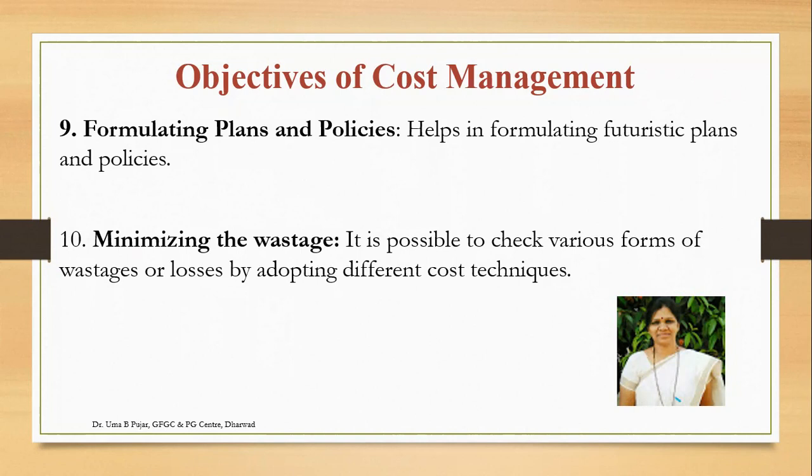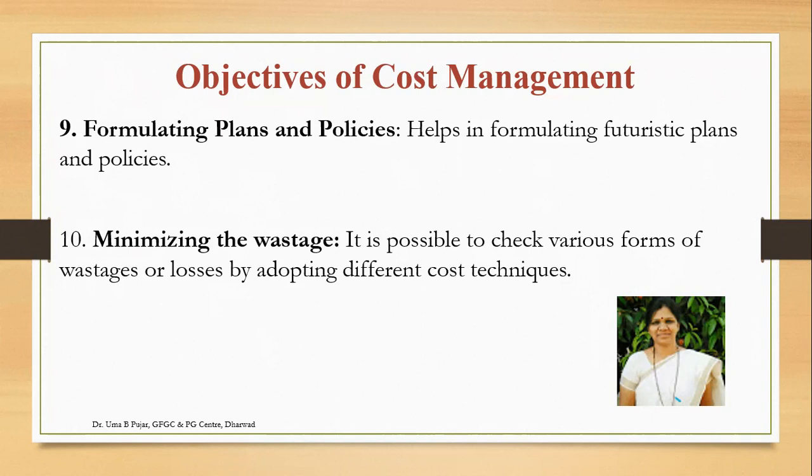The wastages or inefficiencies in case of materials, labor, and overhead costs can be identified and minimized or eliminated from the system. So, it takes the help of different tools and techniques like value chain, benchmarking, ABC analysis, and many more techniques like target costing, Kaizen costing, and life cycle costing.